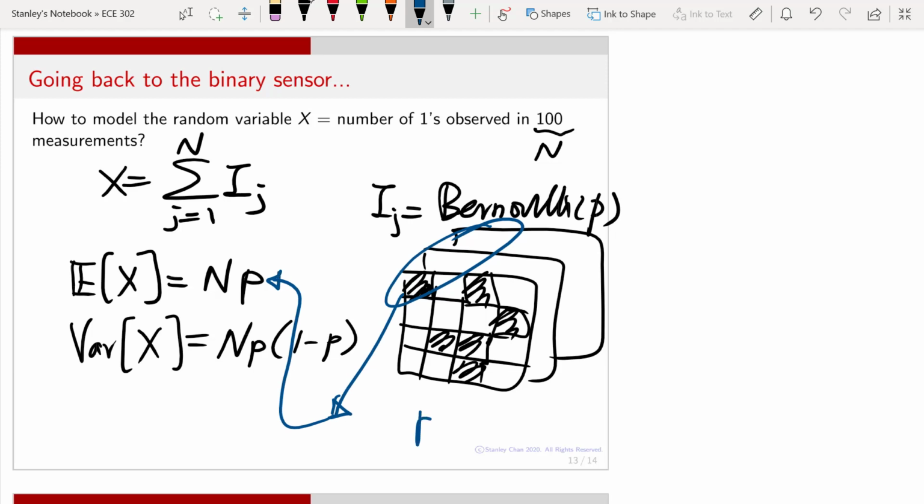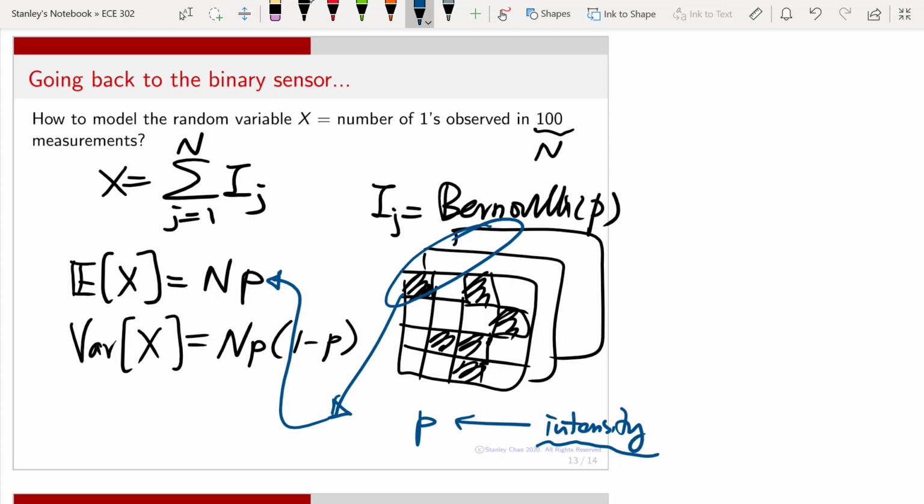So we know that p comes from the intensity of the pixel, and by calculating this average, you will be able to tell what is the expected intensity in that region. That will lead to a very interesting inverse problem, and by solving that inverse problem, you will be able to recover a scene.